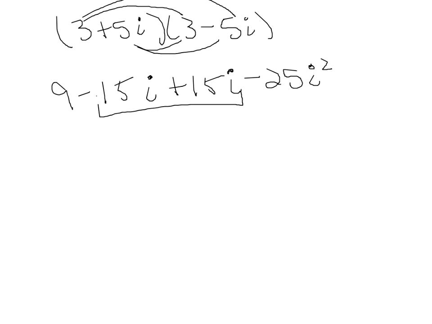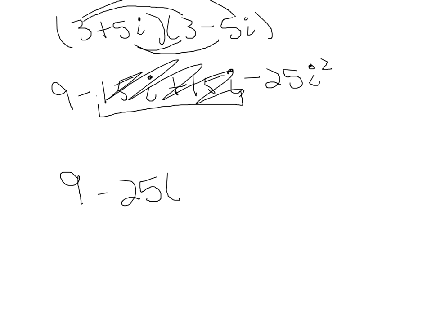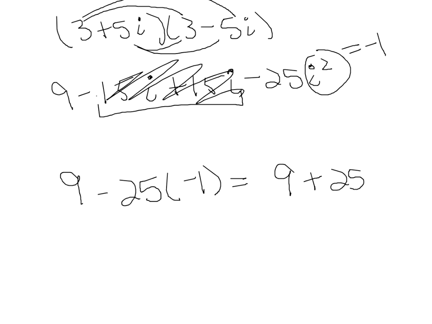Alright, so plus 15i and minus 15i, those are going to cancel. So I get 9 minus 25, and then i squared is equal to minus 1, so this becomes 9 plus 25 is 34. Okay, let's look at another one there.